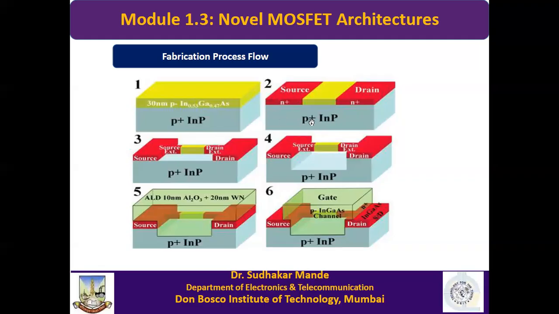Then next, you see, there is the substrate. Using some etching process, the substrate below this channel is etched away. This is the channel, whatever is the yellow portion, below that the substrate is etched away. So this much portion is etched away. Can you see it's etched away?